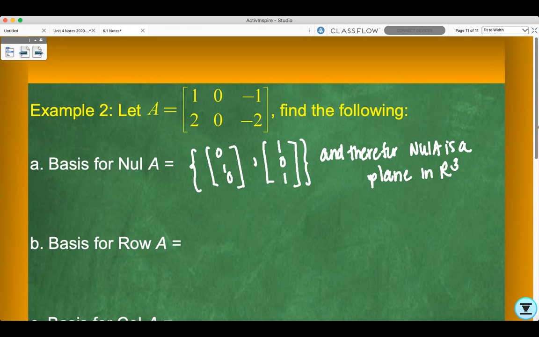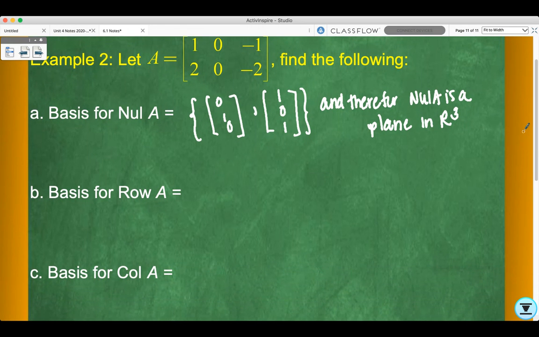So the basis for Row A. Again, when we get this in reduced row echelon form, we choose the non-zero row, and the basis for Row A would end up being (1, 0, -1). And therefore, Row A is a line in R3.